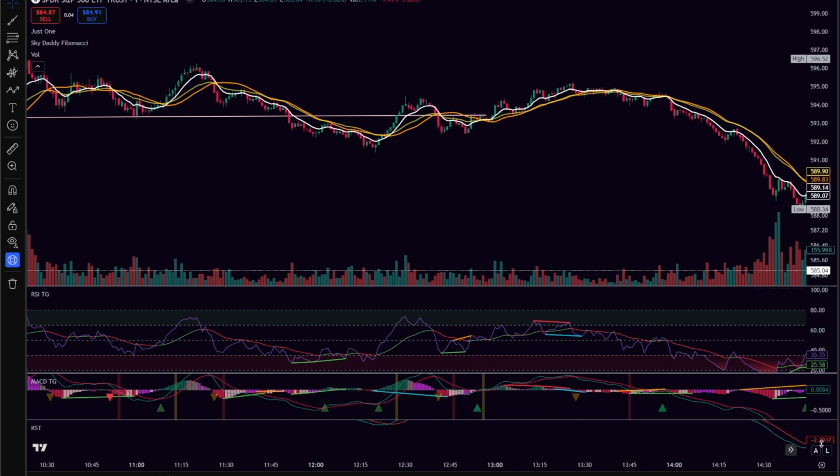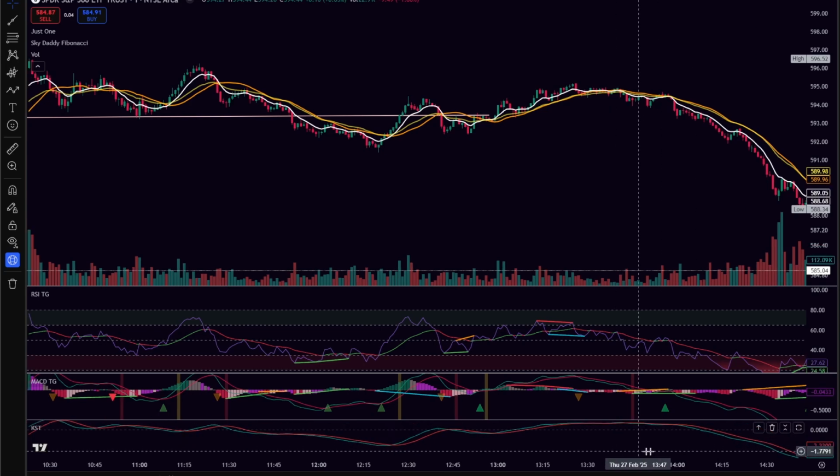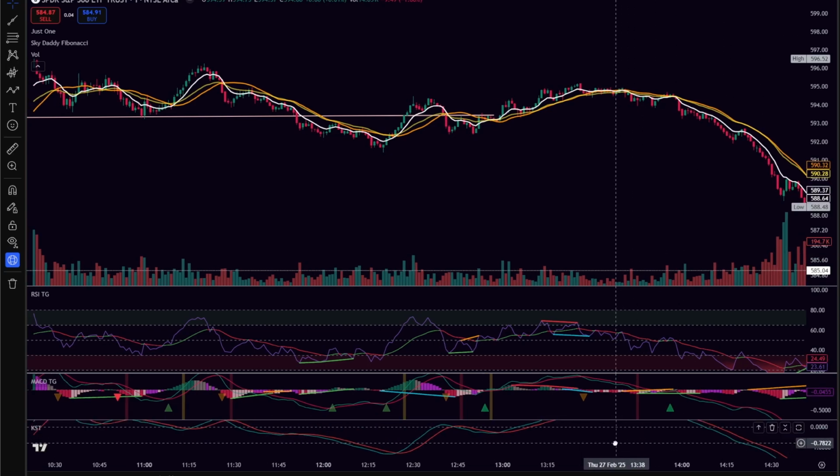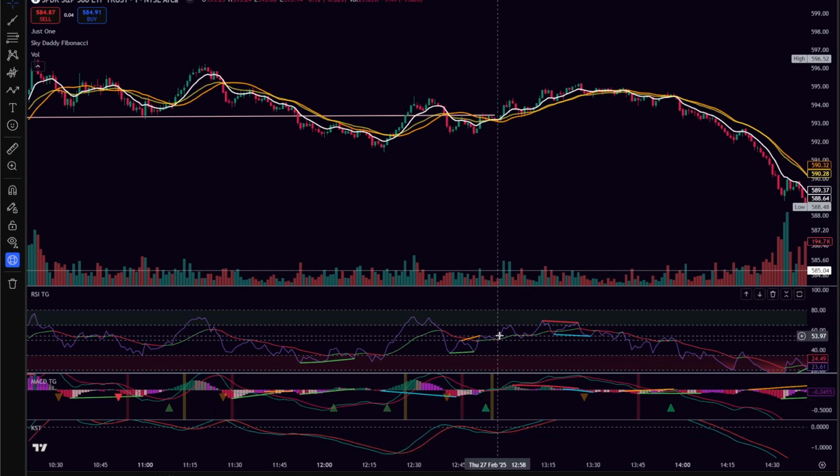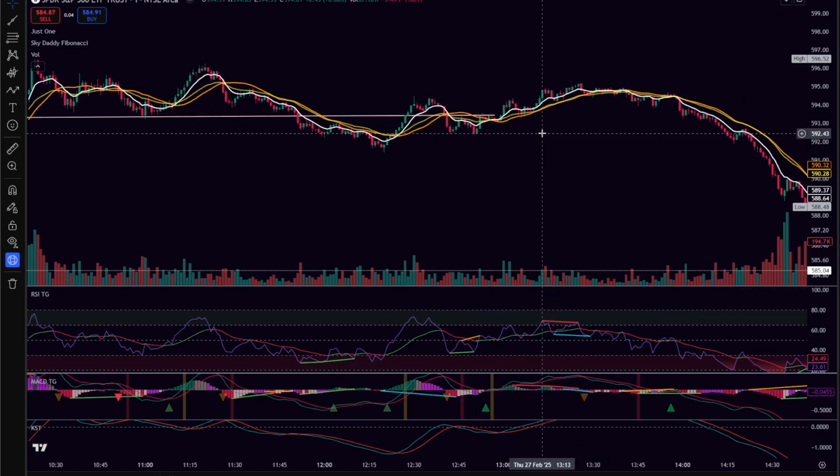So we can see we had KST cross below center line here, MACD cross here, above 50 here, EMAs do their thing, moving averages do their thing, it's confluence.